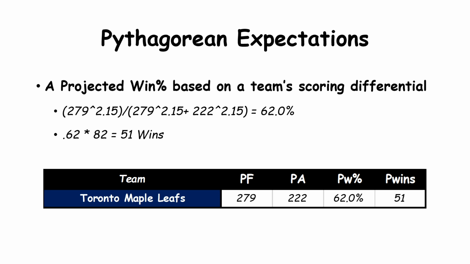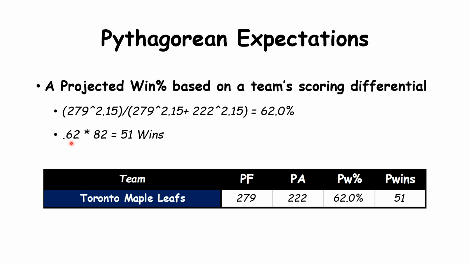If you input this into the formula, you would get 279 goals scored to the 2.15 power, which was that X factor when it comes to the NHL. Then it would be 279 goals to the 2.15 power again, added to the 222 goals against to the 2.15 power, and this will give you 62.0% for a win percentage.